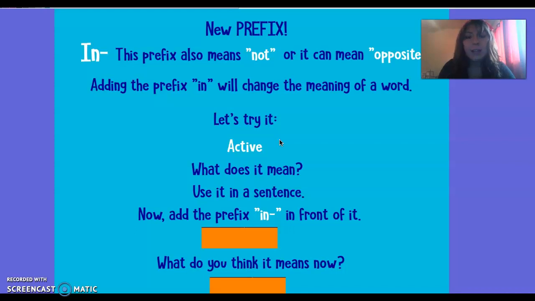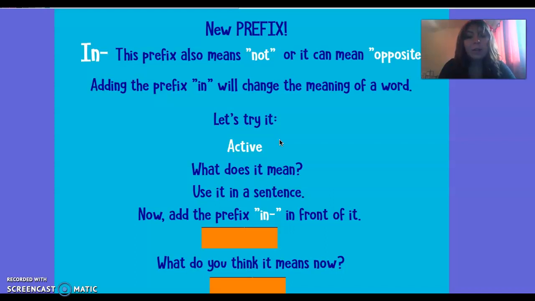Yeah, when you're active, that means you move around, right? So now let's use the word active in a sentence. For example, I can say, I love to be active outside. That means I like to play outside.